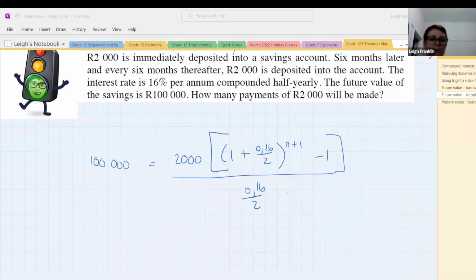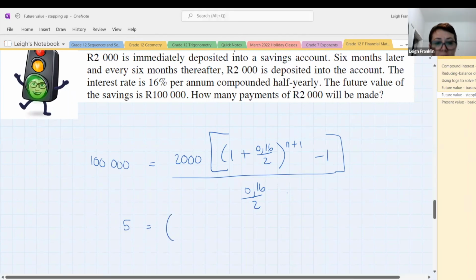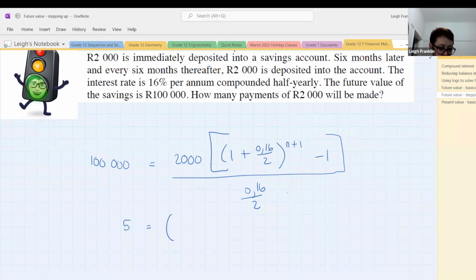Okay, so again, guys, what we want to try and do is isolate our base. So we would have cross multiplied 100,000 with 0.16 over 2. We would have divided both sides by 2,000, and then we would have added 1. I don't know about you guys, but I get an answer of 5. This is now after I've added the 1. And then here, this is going to be 1 plus 0.16 over 2. Oh, no, that's times. That's not right.